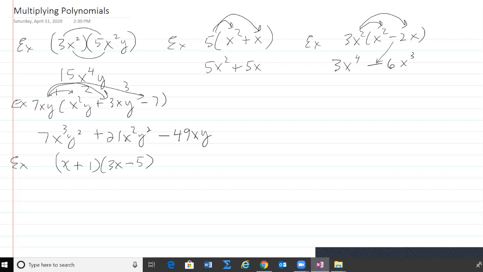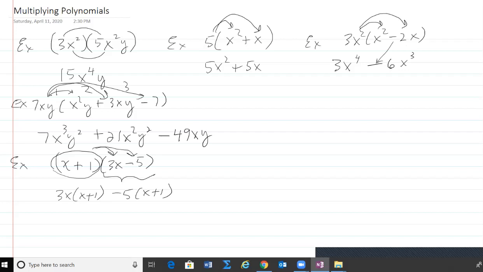Well, I continue to use that distributive law, which says that whatever's out here in front of this group has to be distributed times both of these. That's what it says. So we could take that literally to mean we'll have to have a 3x times the x plus 1, and we'll have to have a minus 5 times the x plus 1.